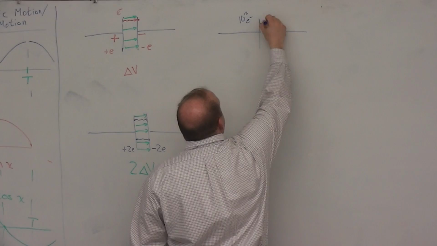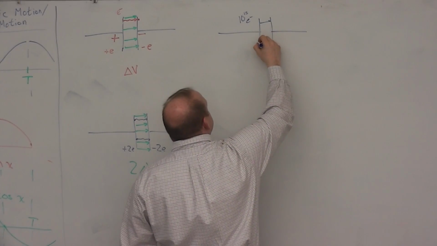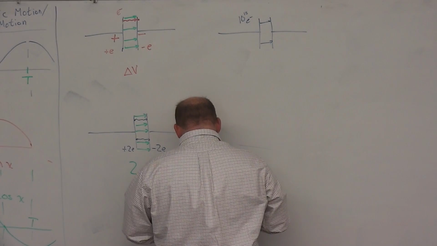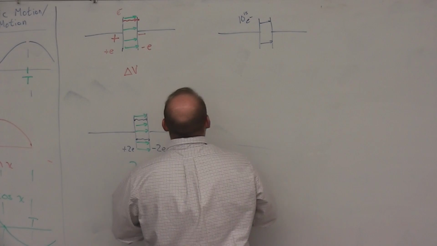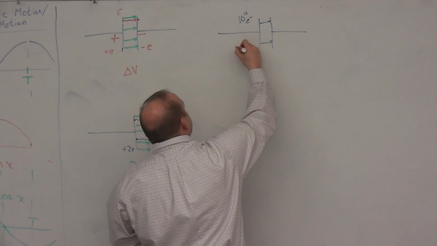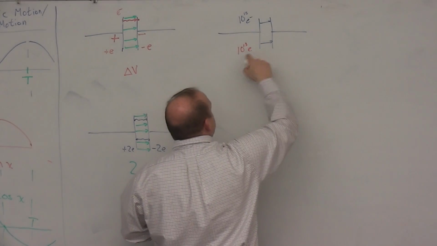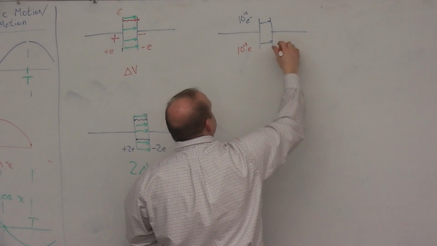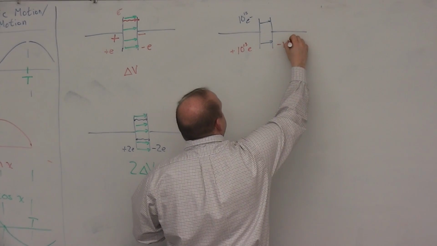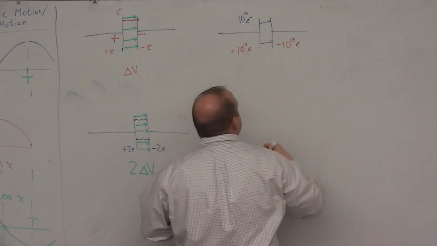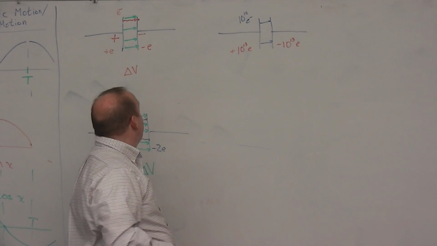And I move all those electrons over to the other side. So now I have a charge over here of 10 to the 13th elemental charges, positive. Over here I'd have a charge of negative 10 to the 13th elemental charges.